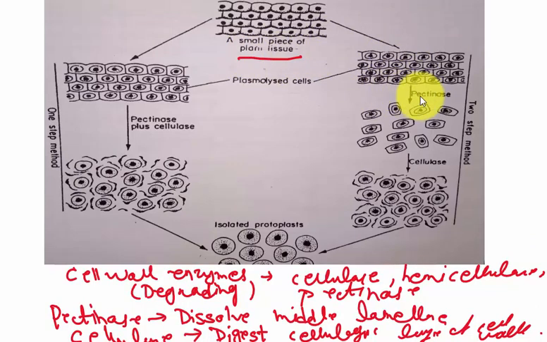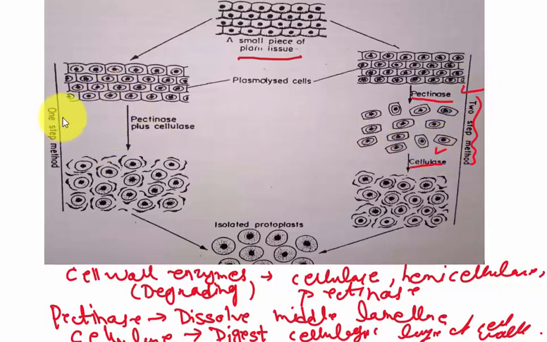First we take the pectinase enzyme, which will degrade the middle lamella between the cells and separate them. Then we take the cellulase, which will digest the cellulosic layer of the cell wall. So this is the two-step method, where two enzymes are involved.